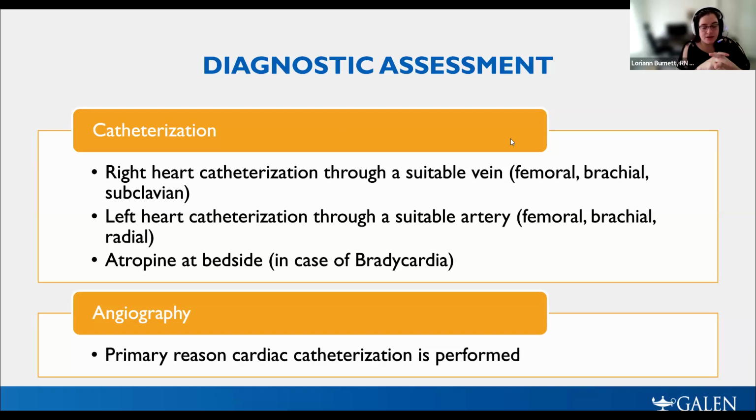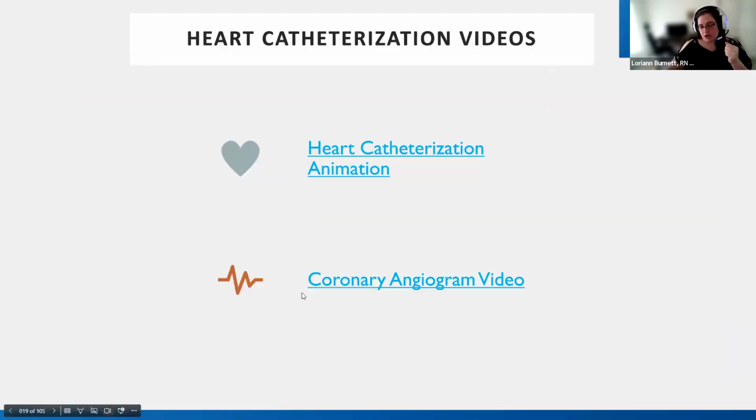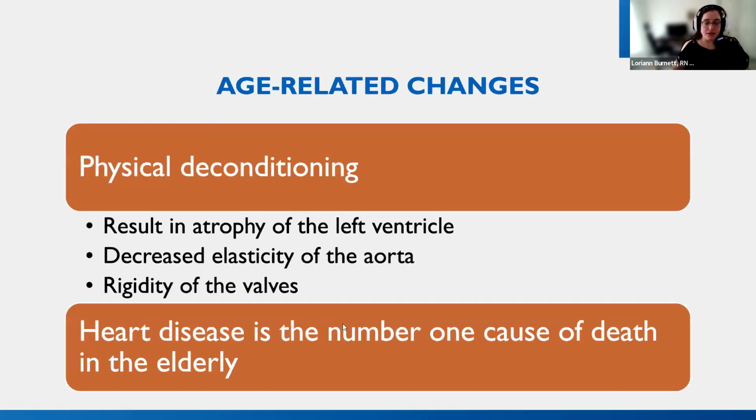So we will sometimes do that as a precursor because it's less dangerous than catheterization, and that's usually going to show a possible problem, such as a septal defect or a valve problem or something like that. And it's a safety thing. Both of these do require consent and a lot of safety things with that. So keep that in mind when we talk about nursing. Heart catheterization and angiogram are here in case you need it.